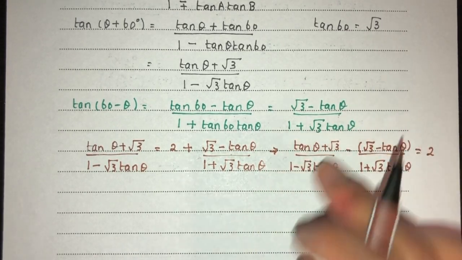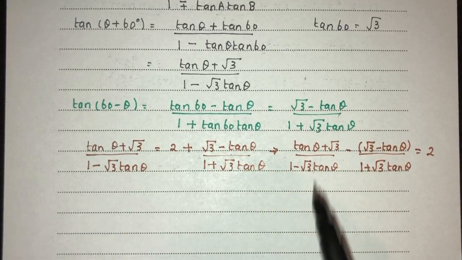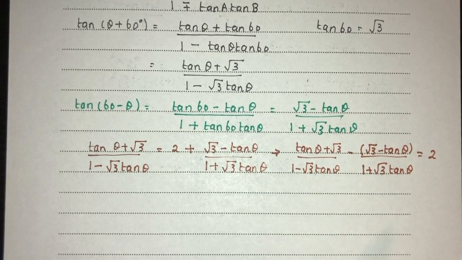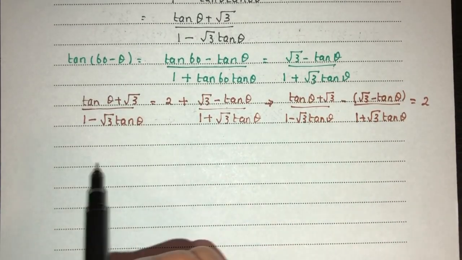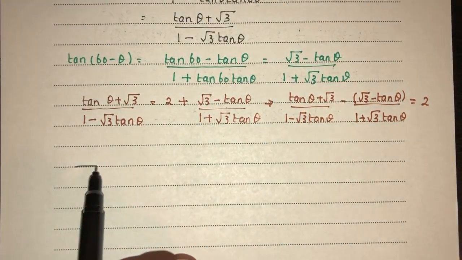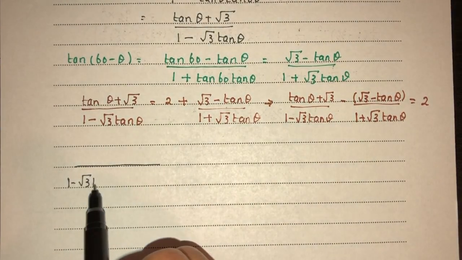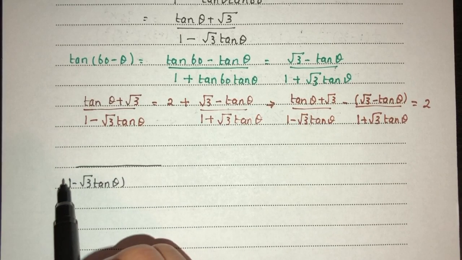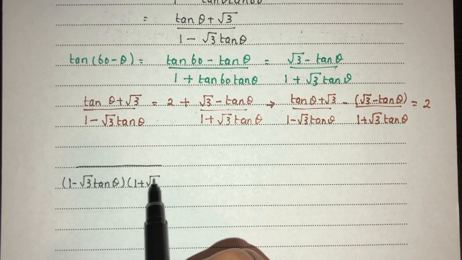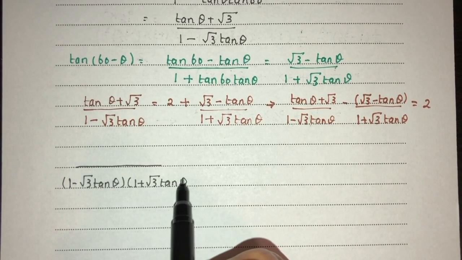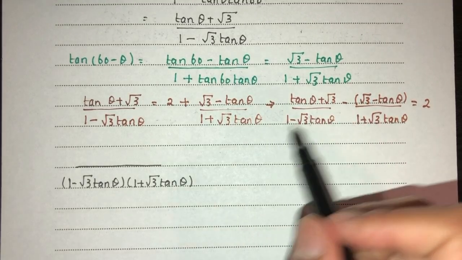Now we have to simplify this part. As you can see, they have different denominators, so we have to find the LCM. To find the LCM, we multiply them by each other. It becomes 1 minus root 3 tan of theta times 1 plus root 3 tan of theta. Then we have to cross multiply.